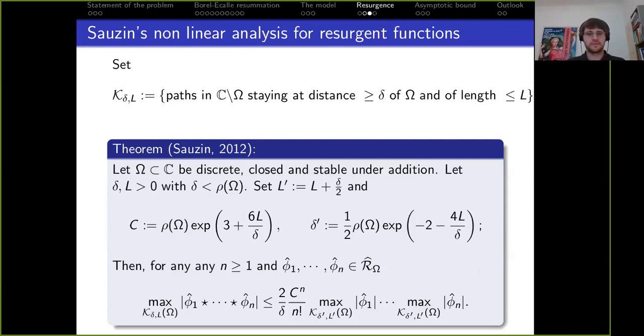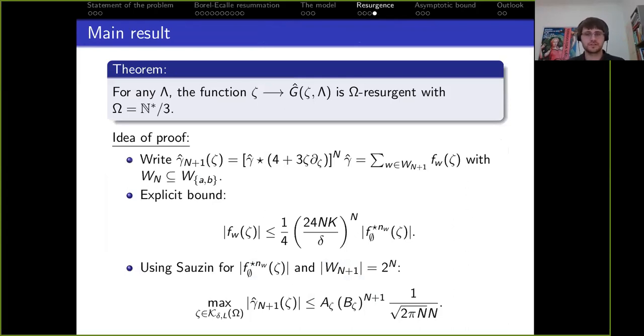So instead of doing something smart, you go a bit more brute force, and I apologize, that's my worst slide. You write that gamma n plus 1 is actually a differential operator to the power n applied to gamma. Then you can expand this differential operator into terms that are indexed by words written in an alphabet of 2 letters. And you can really, a bit by brute force, find bounds in terms of not only n, but also some intermediate initial functions.